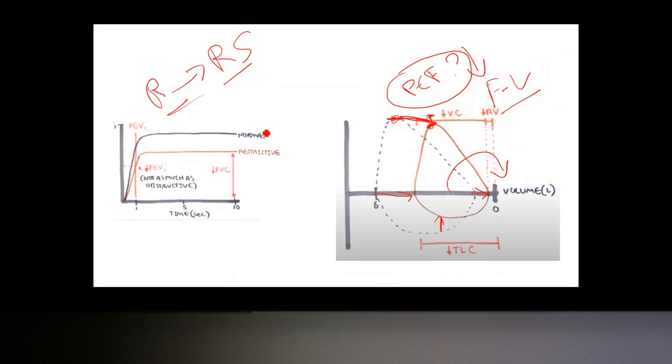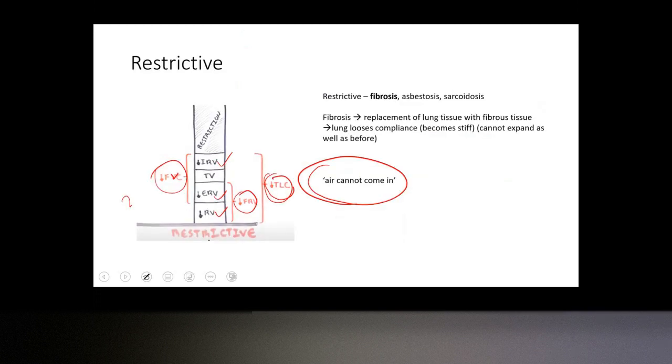We have the normal values, we have the normal one. Now in restrictive, what we have come to conclusion with is that the vital capacity decreases, right?